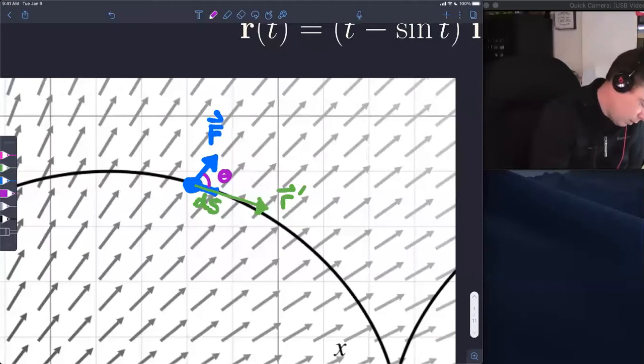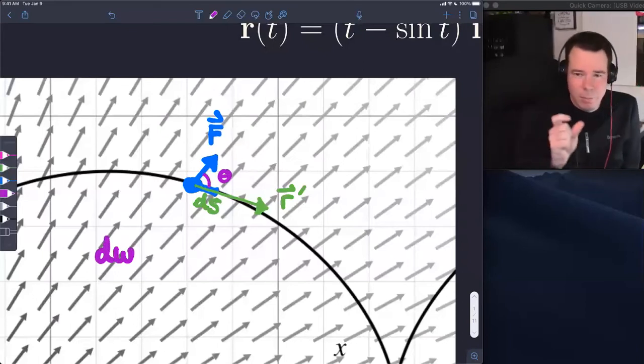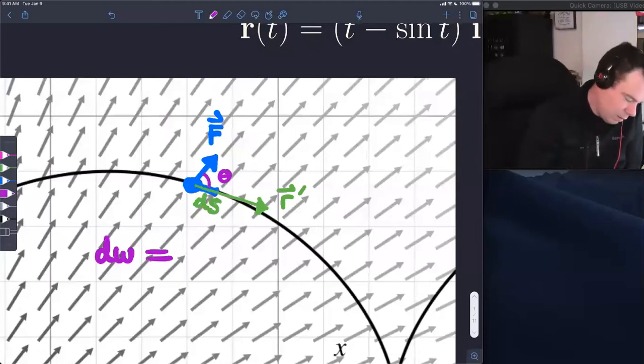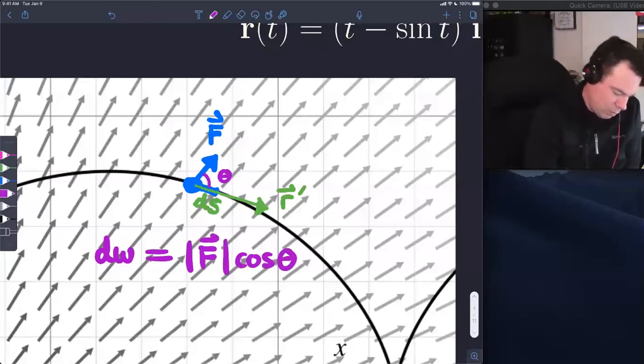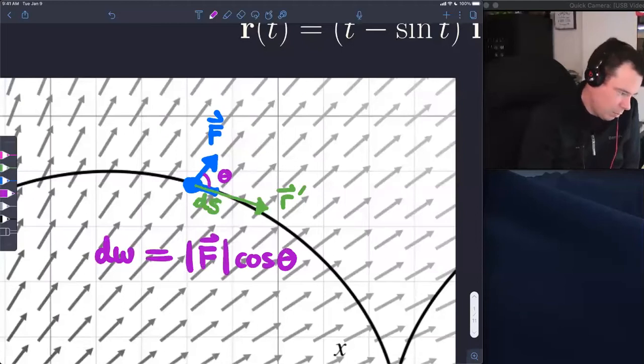So the little bit of work, I'll call it dw, that's done in moving just this little bit along the curve is equal to the force in the direction of motion, so that's the magnitude of F times cos theta, the force applied in the direction of motion, times the distance it's moved.